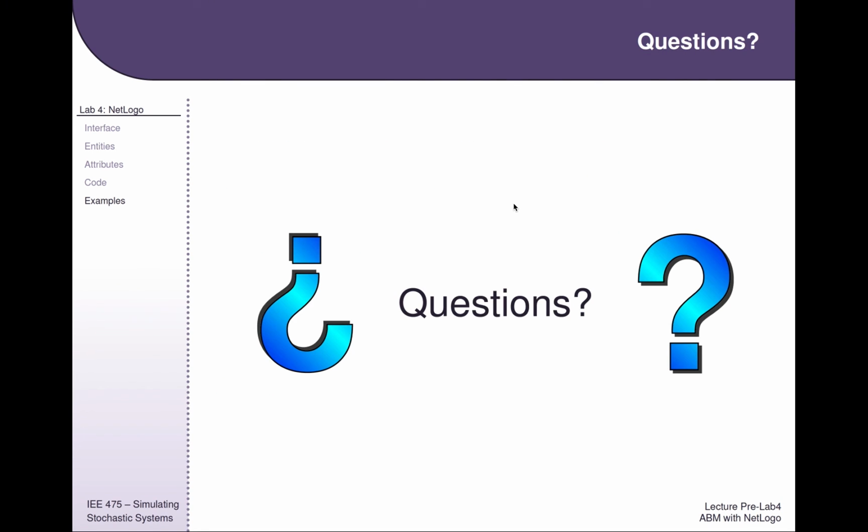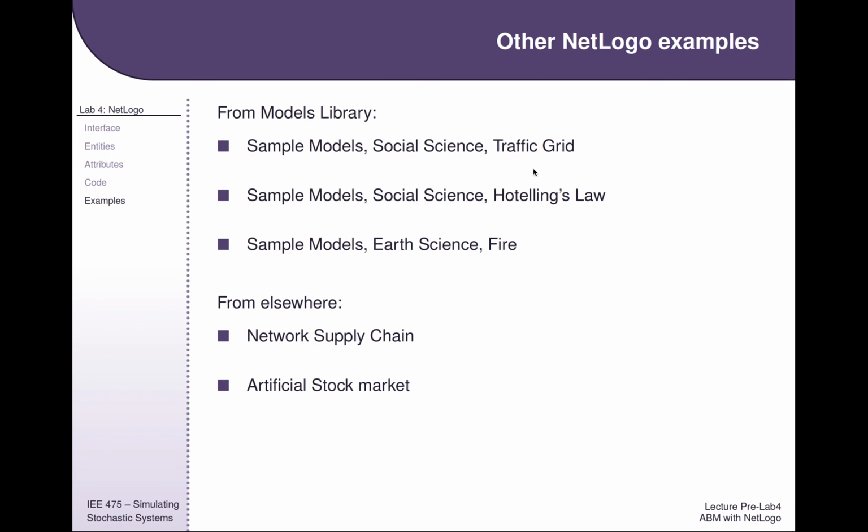Other sample models that might be interesting to read about are Hotelling's Law, or the fire model, which you'll see in the lab. You can also find tons of other NetLogo models online, not only in the modeling commons, which you can find under the file menu, but if you just go Googling, you can find things like a network supply chain model, which some of you may be familiar with from earlier classes, and you can run those sims inside NetLogo.